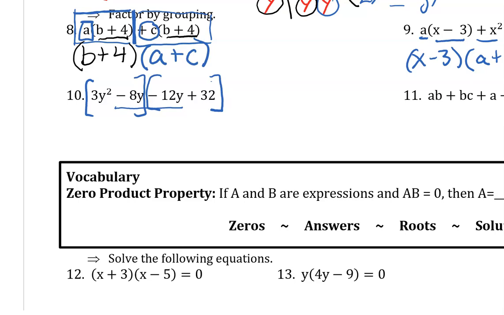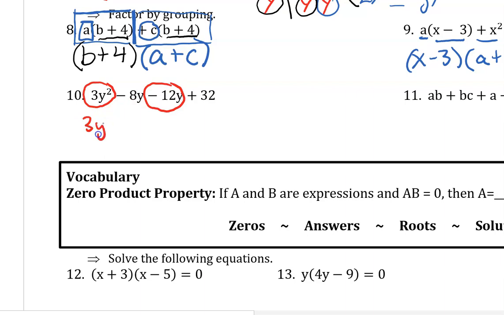Now, sometimes, if we can recognize the numbers that may be better put together, for example, 3y squared and negative 12y, and then negative 8y and plus 32.